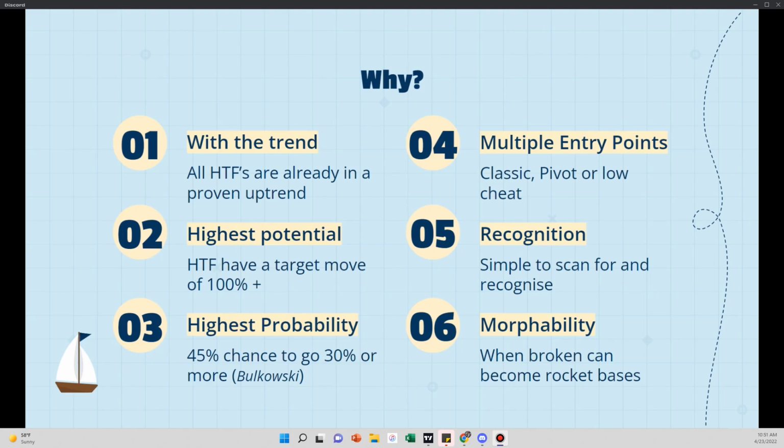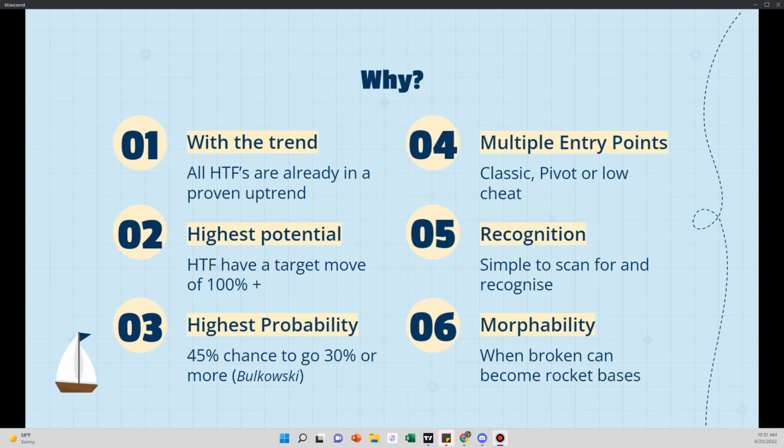So when you scan and find these high tight flags, they tend to stay on your watch list for a long time, and you often feel you're looking at the same names for 6 or 7 months.